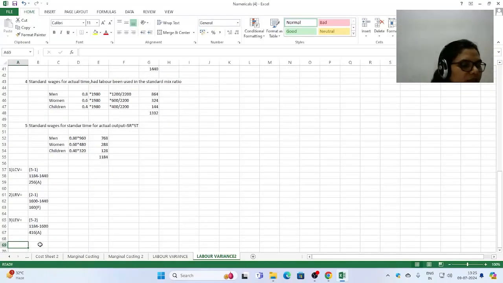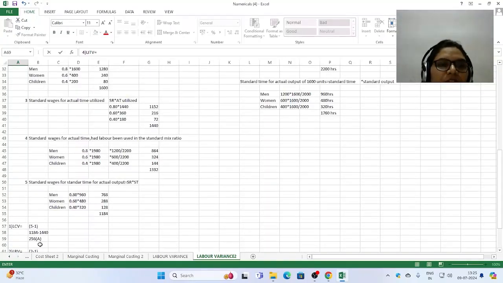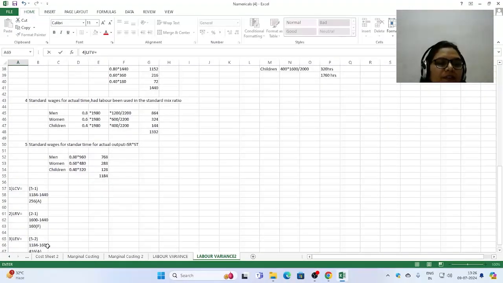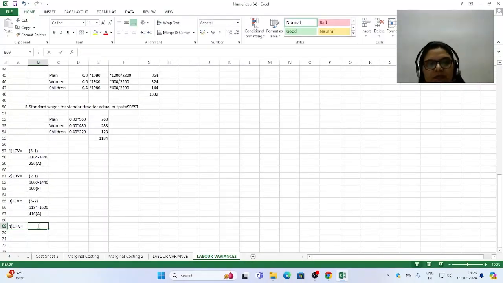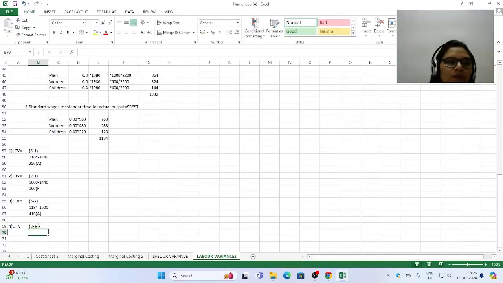Next is labor idle time variance. 3 minus 2. We know 3 is 1440 minus 2 is 1600. So 3 minus 2 is 1440 minus 1600. It's your 160 adverse.